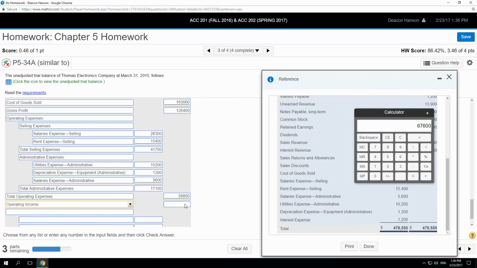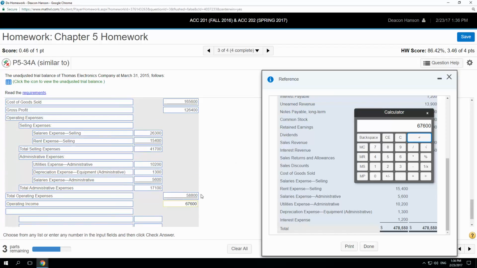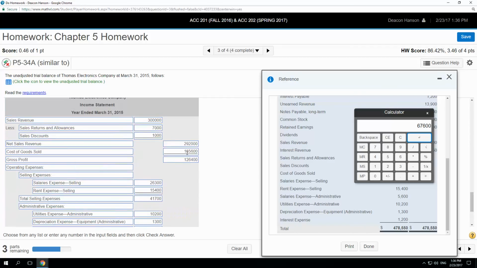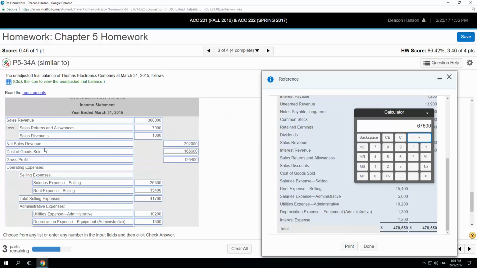That gives me 67,600. Are you subtracting that from your gross profit? Yes, because you need to subtract expenses, right? Revenues increase our income, and expenses decrease our income. So on the income statement, we're always going to be subtracting expenses. And cost of goods sold is an expense, so keep that in mind.